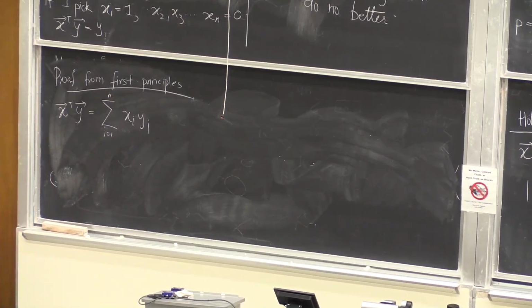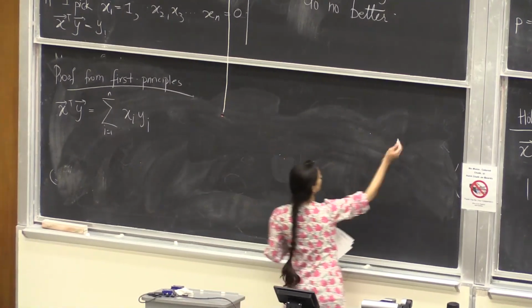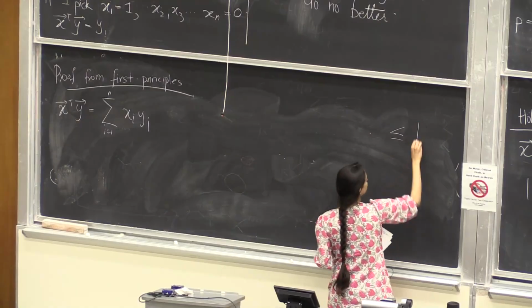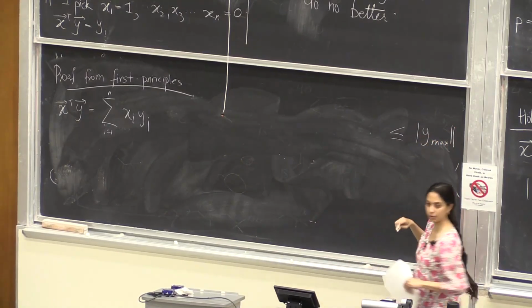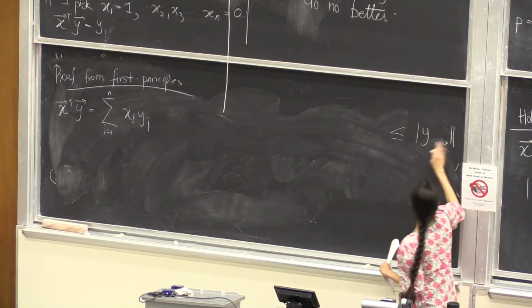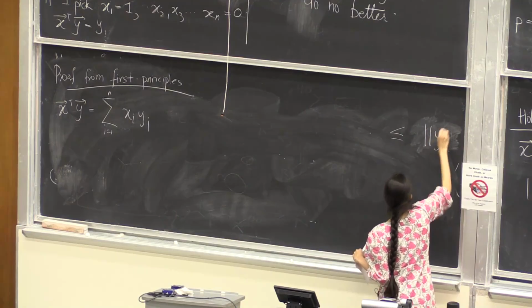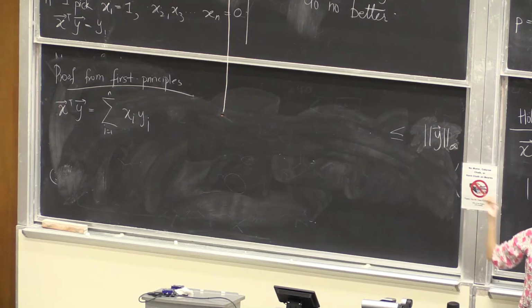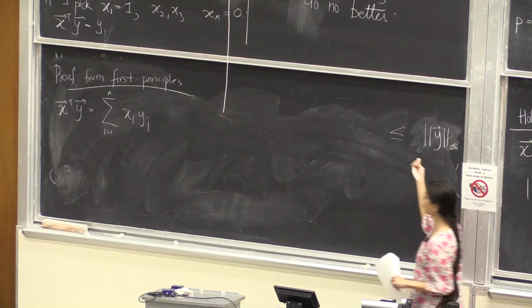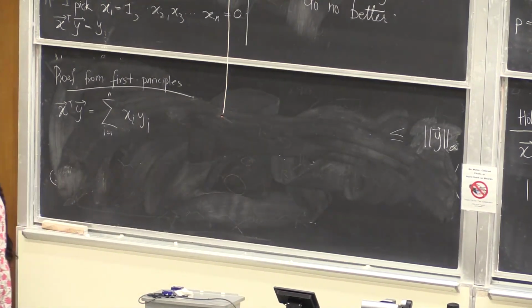And now I want to be able to say that this is less than or equal to, let me just call this y max for short, or the infinity norm of y. I want to somehow show this inequality between these things, okay? So I want to be able to pull out this y max part of it.